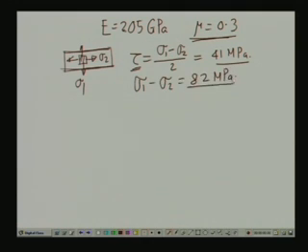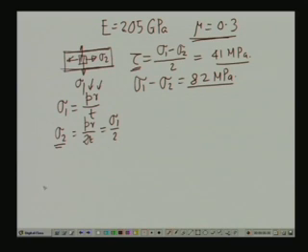Also, we know that in the case of a cylindrical vessel, sigma 1 in terms of pressure can be computed as PR by T, where P is the internal pressure, R is the internal radius, and T is the thickness. In the case of longitudinal stress sigma 2, this is equal to PR by 2T. So, this longitudinal stress sigma 2 is equal to sigma 1 by 2.